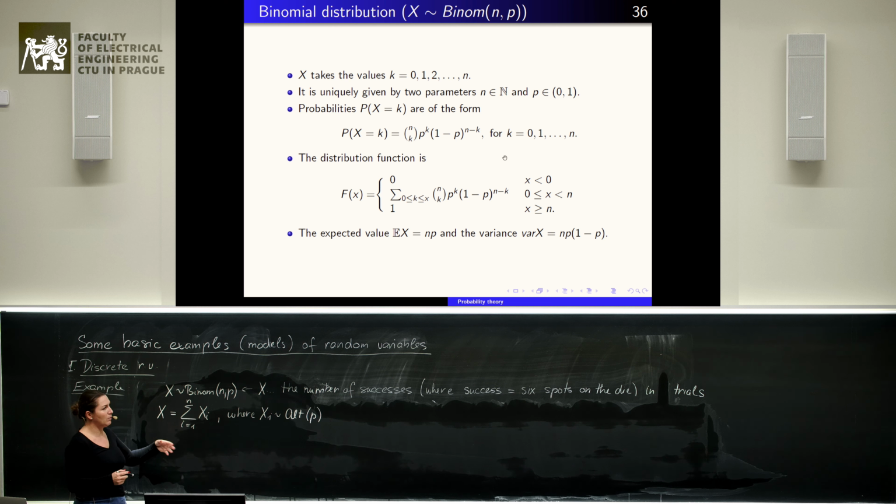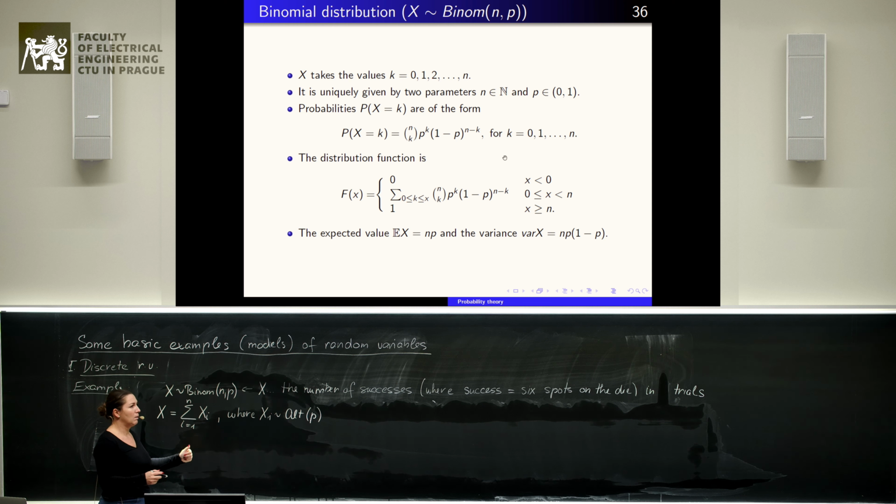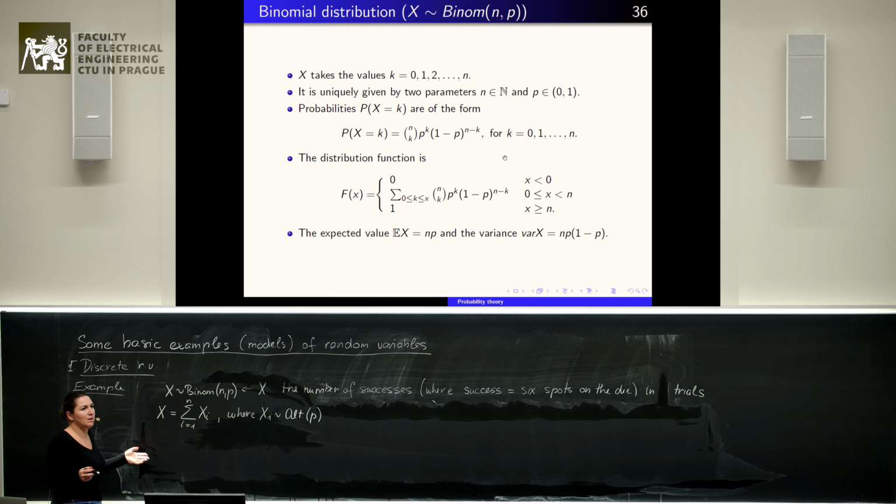For example, when we throw the die 4 times, in the first trial we have success, so we count 1. Plus, in the second trial, we get number 2 on the die, so it is failure, it is 0. In the third trial, we again obtain 6 spots, so it is again success, and we add 1. And in the fourth trial, we have, I don't know, the number 3, so it is failure, number 0.